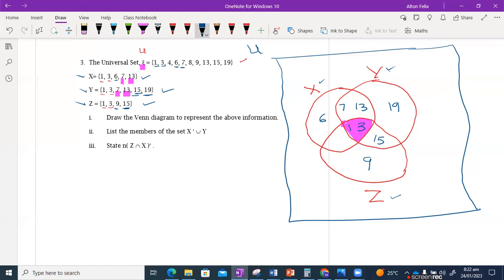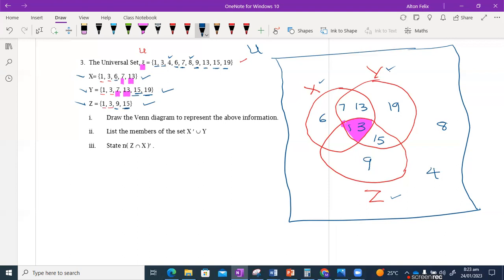Nothing with 8. 9 was already placed. 13, 15, 19. So the other two numbers, 4 and 8, which are not represented in the Venn diagram so far, will go outside. 4 and 8, outside of the three circles as shown. And that will complete the actual Venn diagram.